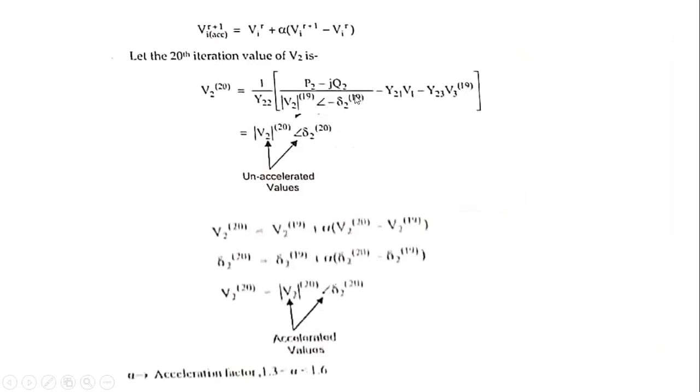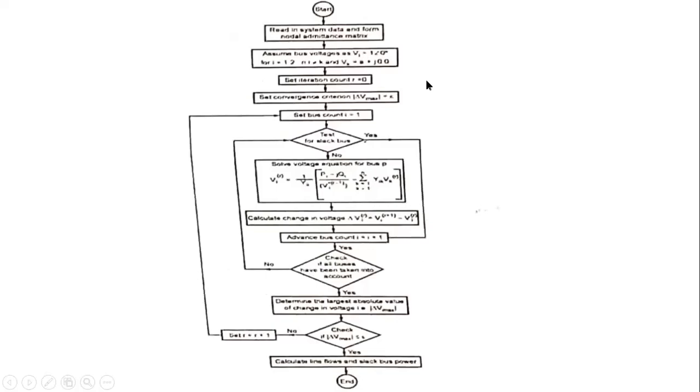In V2 of 1 we take delta 2 of 0, but in the 20th iteration it will be taken as the 19th. Therefore V2 of 20 at an angle of delta 2 of 20 are the unaccelerated values. Understand, ma'am?